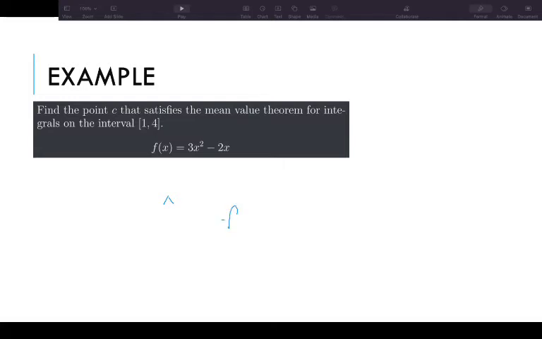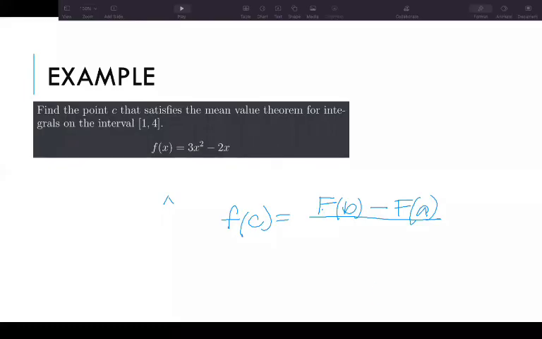And just like what I have said earlier, we have f(c) equals capital F(b) minus capital F(a) over quantity b minus a.